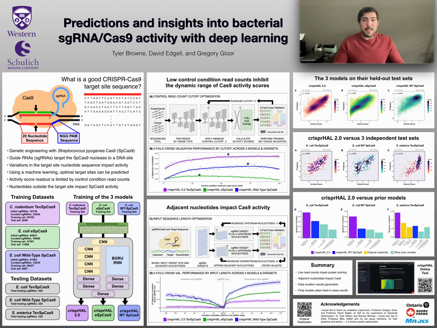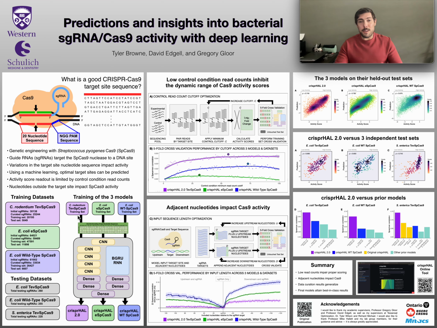But to show all of this, I'm going to be building three models with three different data sets. In purple, the Citrobacter rodentium TEV SpCas9 nuclease dataset. In green, the E. coli ESPCas9 dataset. And in blue, the E. coli wild-type SpCas9 dataset. These all range in size from about 30,000 to 60,000, which does go down a little bit after curation, but I'll get into that a little bit later.